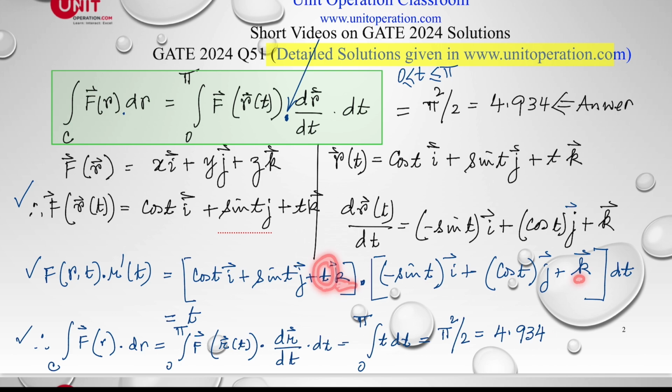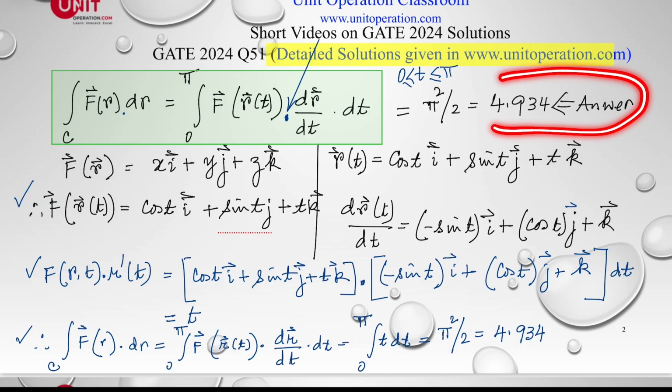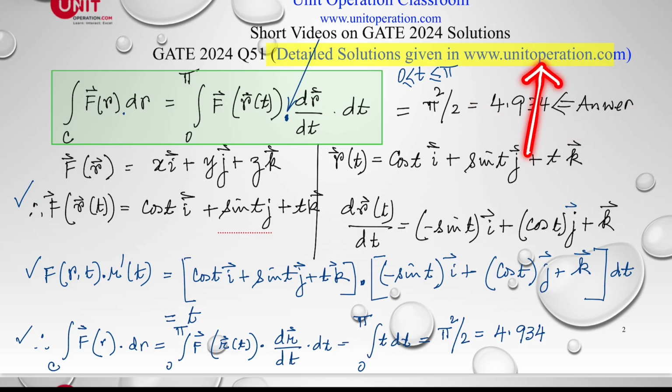So just t will be left. This becomes the integral of t dt from 0 to pi, and the value is 4.934. So that's basically the answer. All the details of these calculations are given on the website.